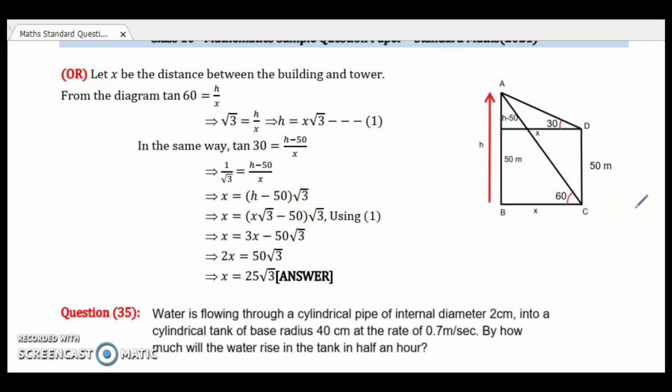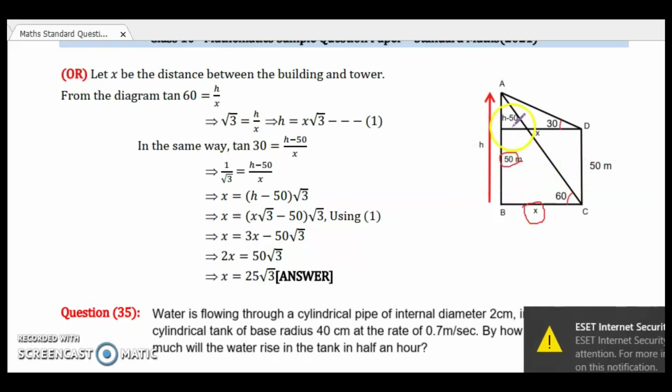If you take this BC equal to x, as it is a square, this also equal to x. Now, if we take h as the height of the tower, since it is 50 meters, naturally this is going to be h minus 50.